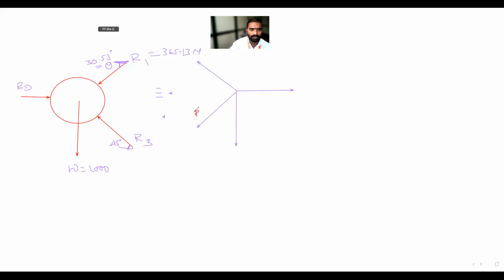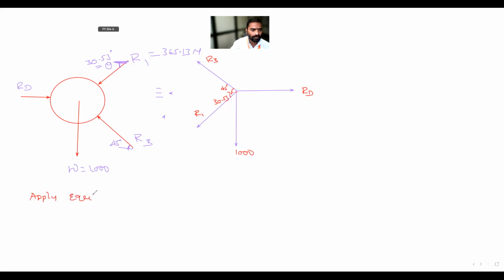R1 with respect to horizontal is 30.53. This is RD. This is weight, 1000 Newton. That is RB, with respect to horizontal it is 45 degree.